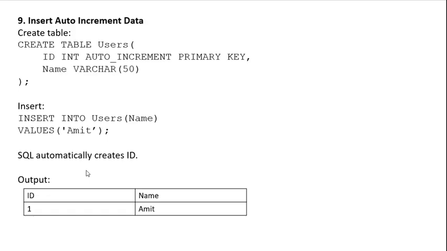For the second value, the ID is 2, and the second name can be given like Priya and Karan, etc.